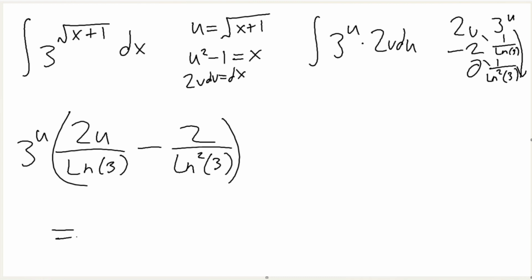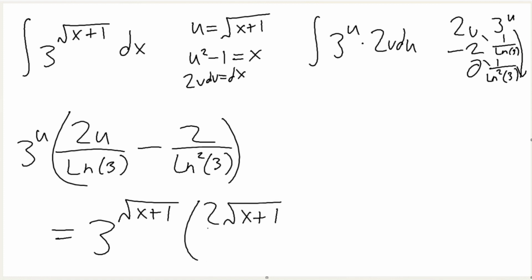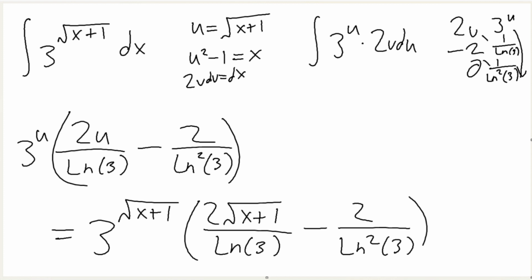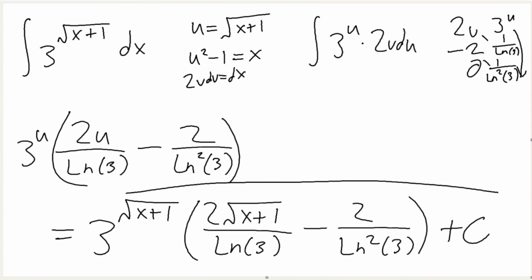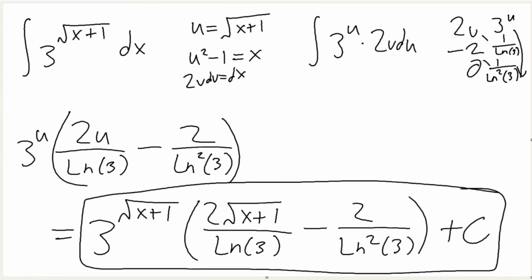And so now our answer is 3 to the power of the square root of x plus 1, times 2 square root of x plus 1 over ln of 3 minus 2 over ln squared of 3, plus c. And that is our answer.